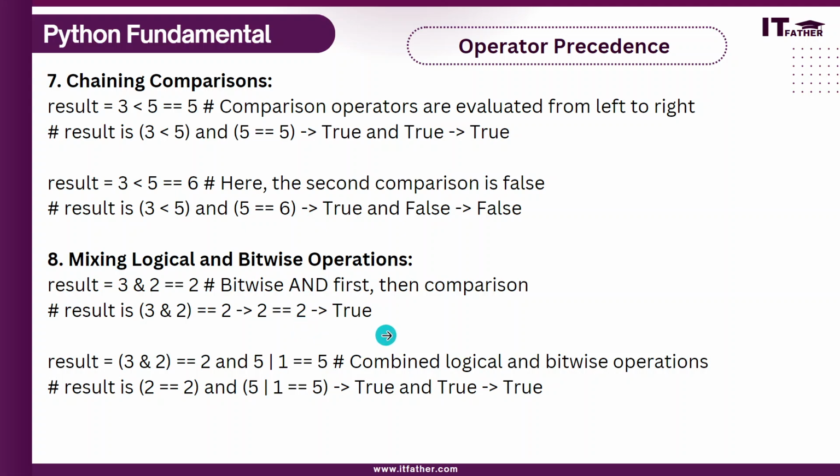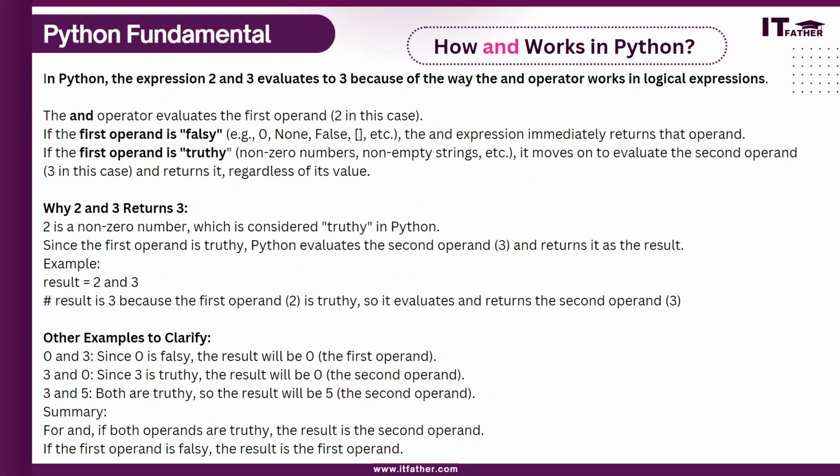So we are going to understand how this will take place. Mixing logical and bitwise operators. Let us understand how AND works in Python, because this is a little tricky in Python. In Python, the expression 2 and 3 evaluates to 3 because of the way the operator works in logical expressions. The AND operator evaluates the first operand.